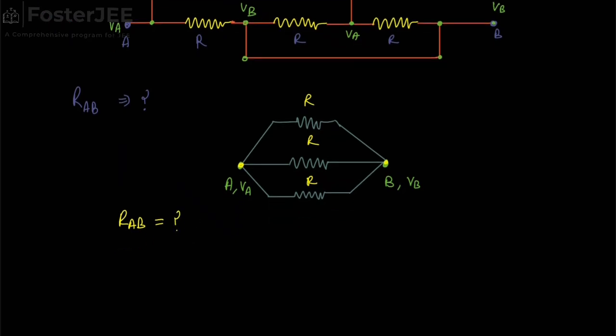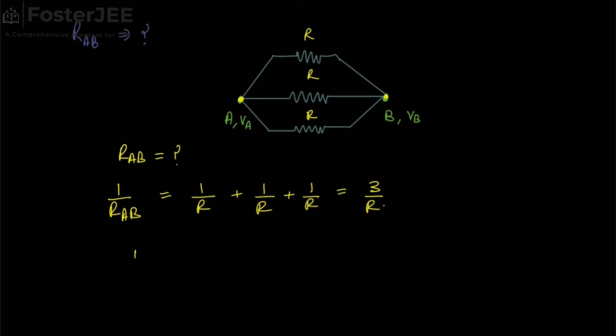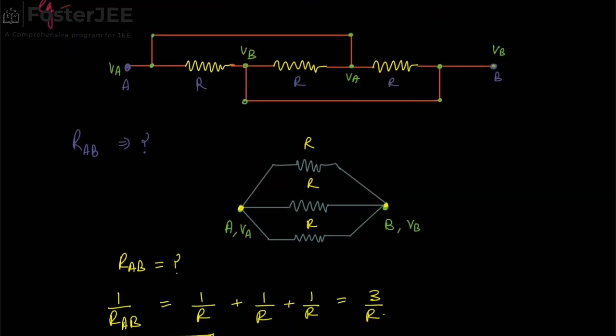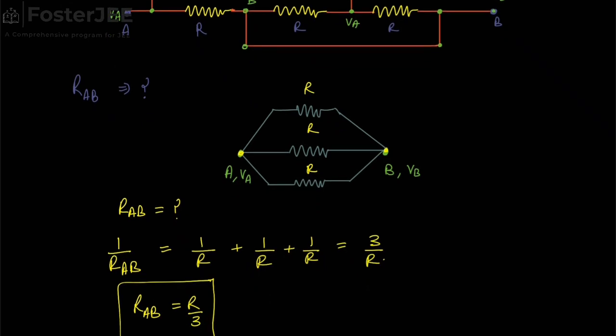So for RAB we have to use the parallel combination expression, that is 1 upon R plus 1 upon R plus 1 upon R, which is 3 upon R. Hence RAB comes out to be R upon 3. Hence the net resistance of this type of question is this.